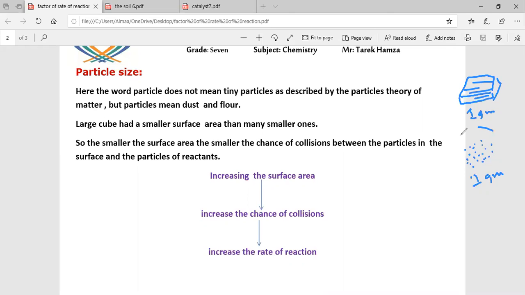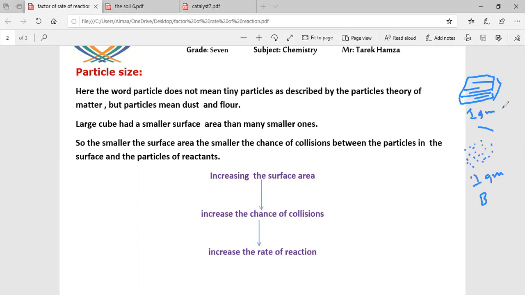In this case, this has much more surface area than this cube. It is the same mass, but the powder or tiny particles of iron have a larger surface area.